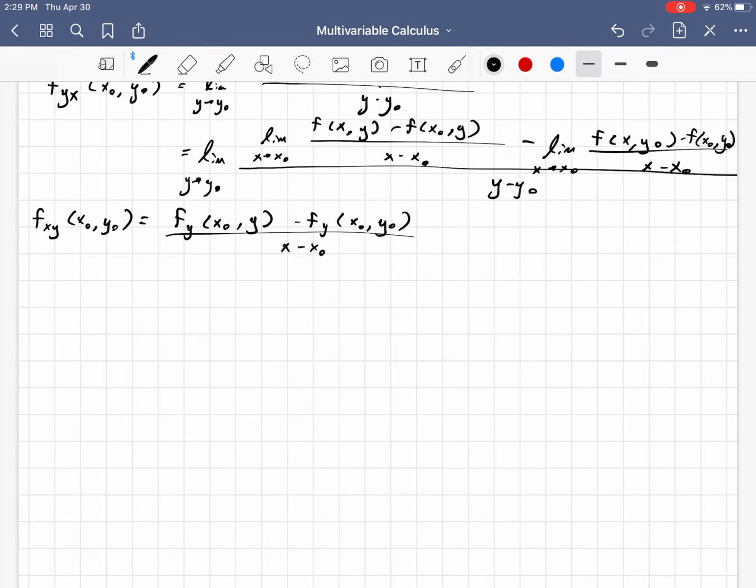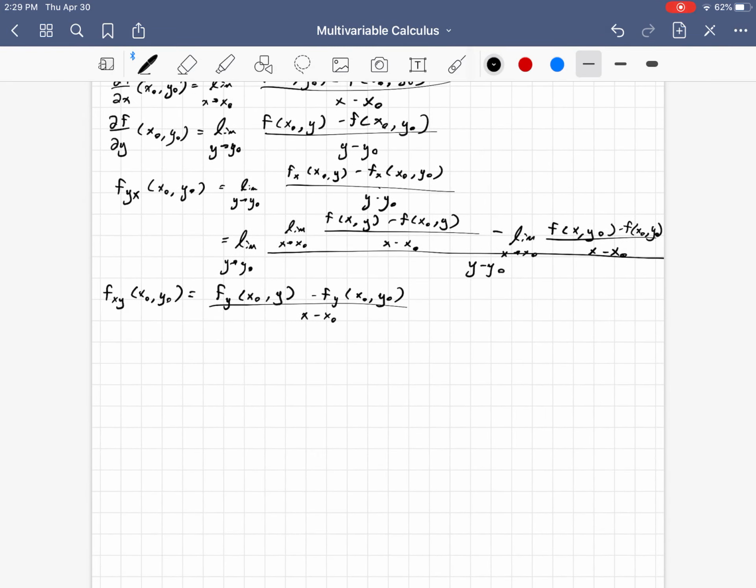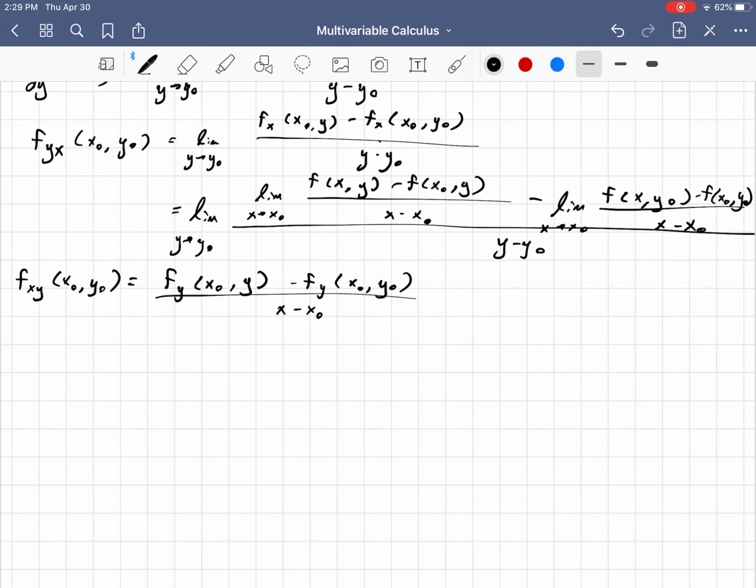It's similar to what I did here, except now I just replace my x with my y, and I replaced the y minus y naught with the x minus x naught, because now we're differentiating the partial of f with respect to y. We're differentiating that now with respect to x.